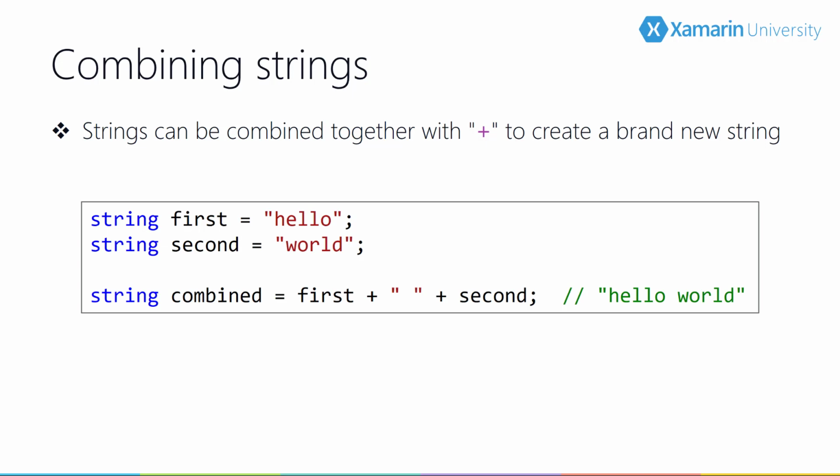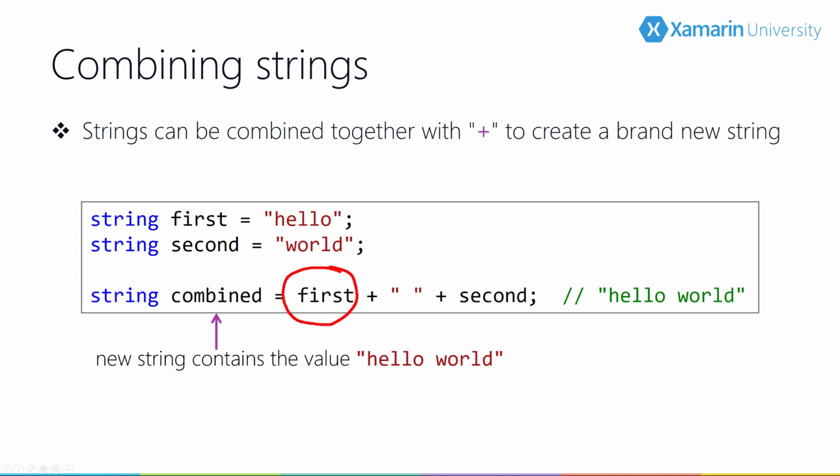And we want to combine them together in a third string and have a space in between the first two words. So as you can see, we declared a new string called combined, and the value of combined will be whatever the value of first is. So hello will be replaced with that. Then we use the plus operator, right? That's concatenation. We're saying combine the first string with this second string.